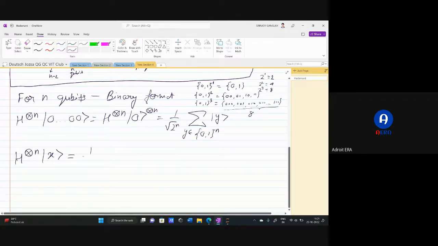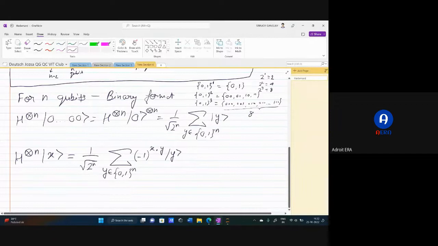And again, 1 upon 2 to the n, summation over y belonging to {0,1}^n, (-1)^(x·y), where x dot y means multiplied basically, and then |y⟩. So these expressions are very, very, very important.